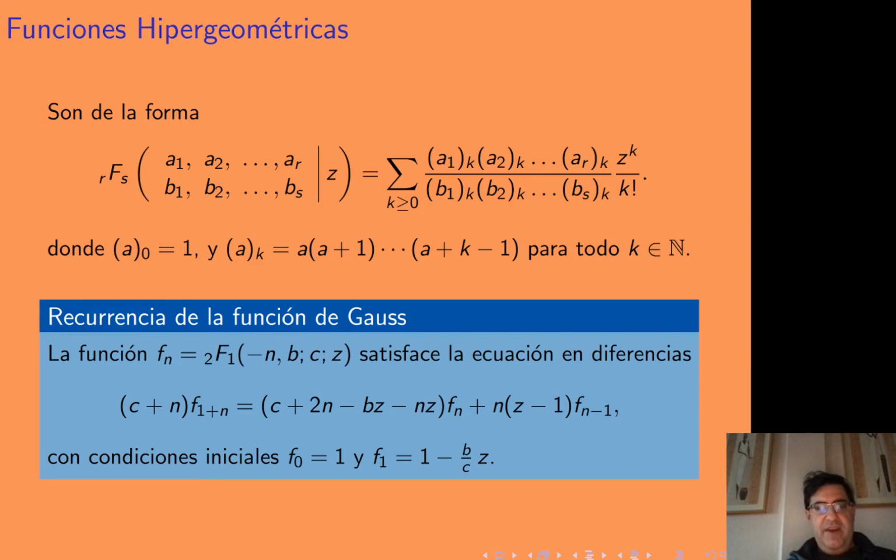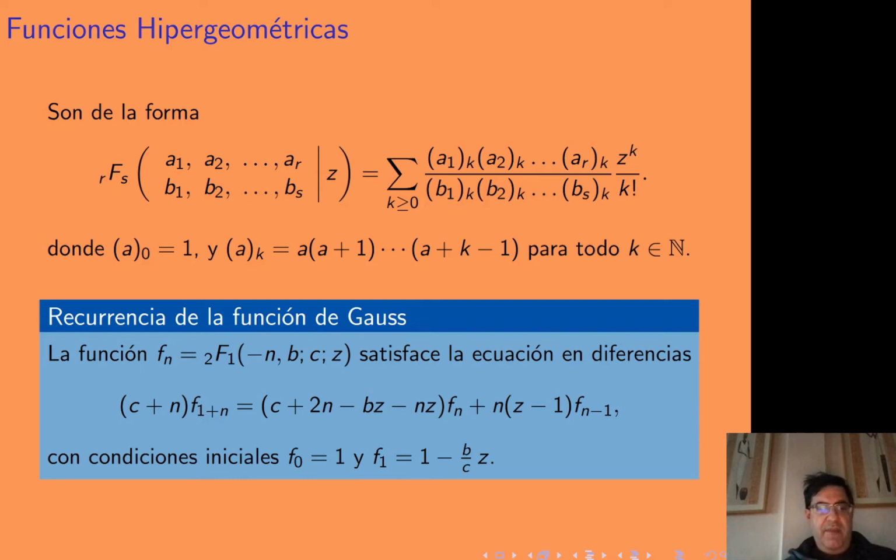These are called the Pochhammer symbols, or shifted factorials, and you have here the definition for these values. Of course, k factorial is just 1 times 2 times up to k. These kinds of expressions are really useful for this kind of problem.